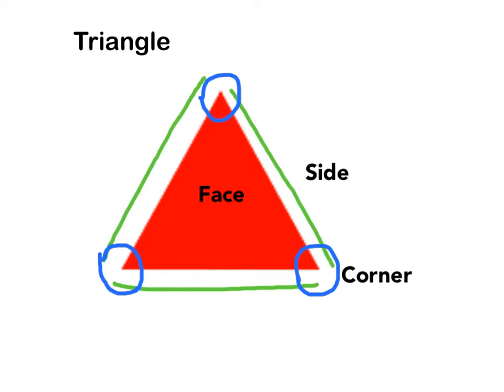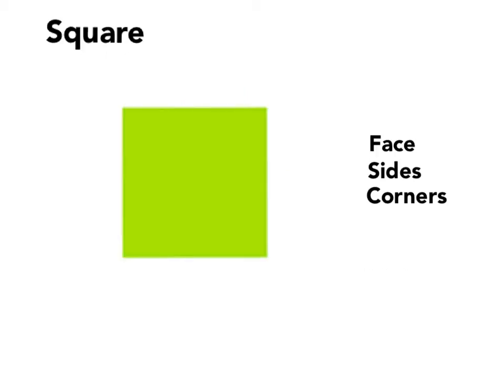Now we're going to look at some other familiar 2D shapes, and you might find that they might be the same or different to the features of a triangle. Let's look at the features of this square. So the square has one face. Now the face, remember, is the surface area that forms the boundary of the shape. Now let's look at sides.